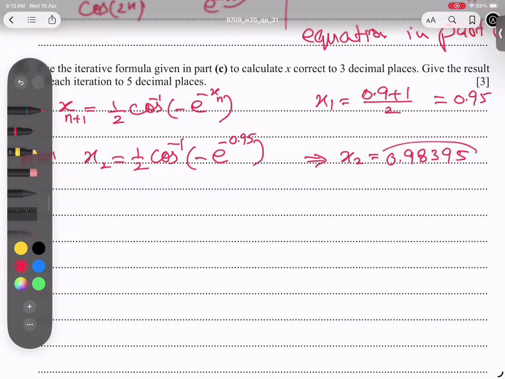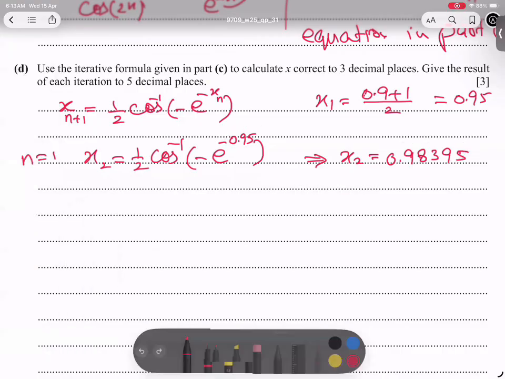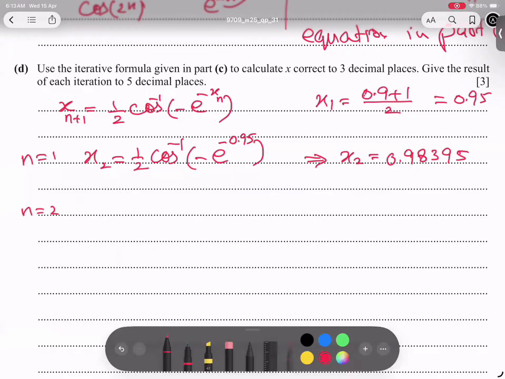I will make it this 5. And now this value, I'm going to replace it here. But first I'm saying here n is equals to 2. So x3 will be naturally half, because I plug in 2 here and 2 here, I will get this kind of form, but x2 replaced by this number. So negative 0.98395. So let's see what answer I get now.